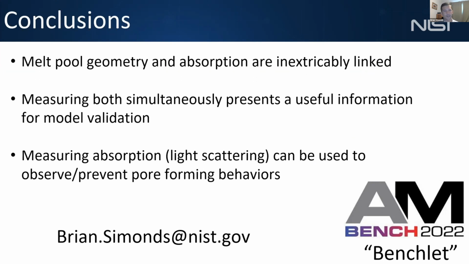And this will be released asynchronous to the regular AM Bench data package that I think is coming out in April. This data will be coming out just after the new year. So if you're interested in working with this, it will be available soon, or separately, feel free to send me an email. So with that, thank you.